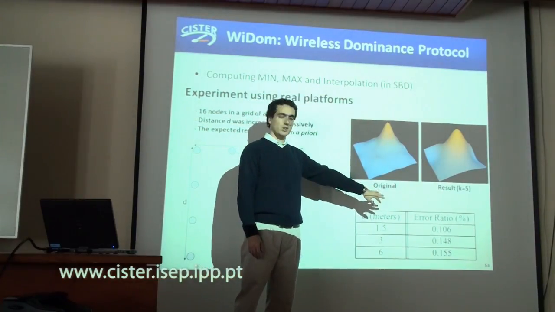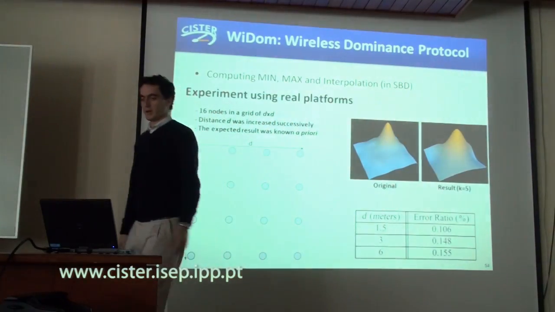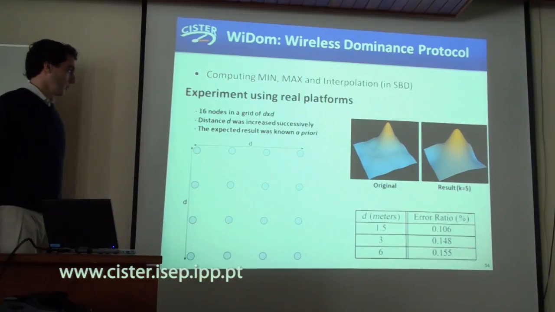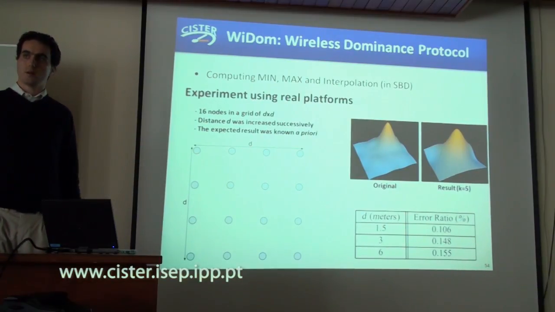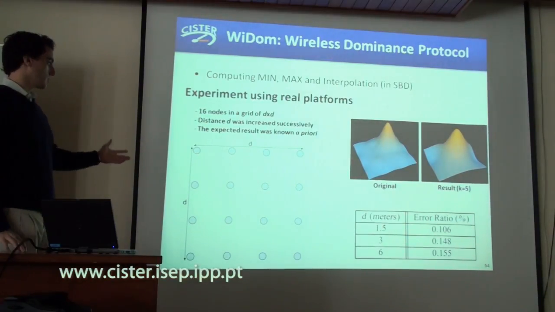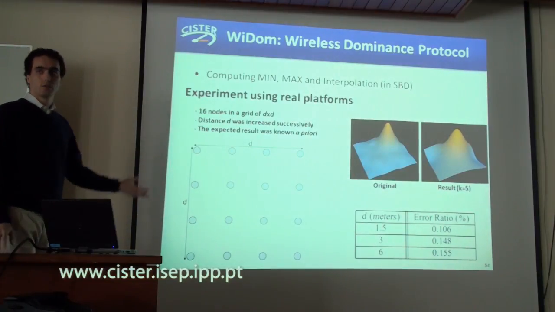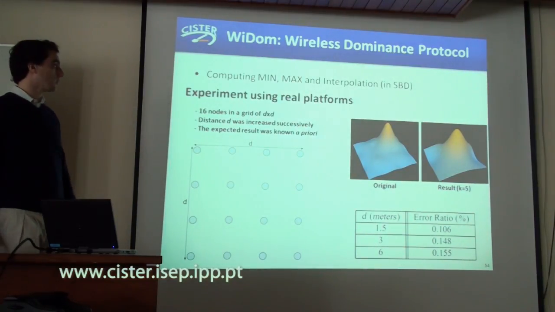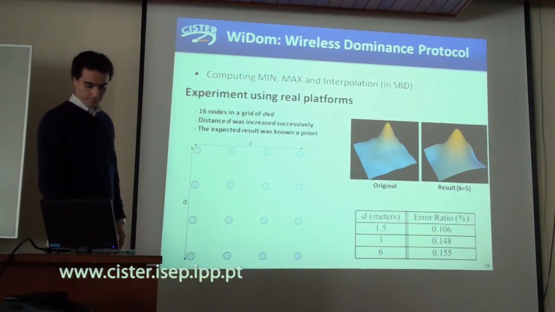We get, as you can see, a rather low error ratio, and I think this is a rather demanding application in terms of the communication and what it requires from the reliability of the tournament.